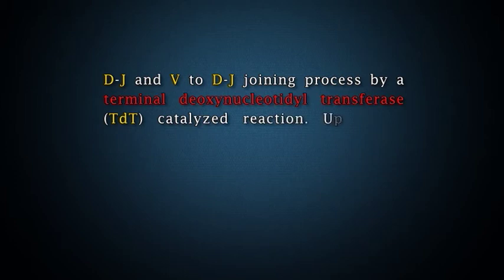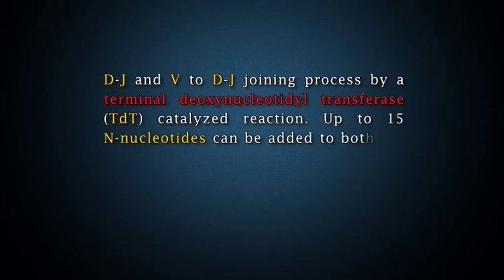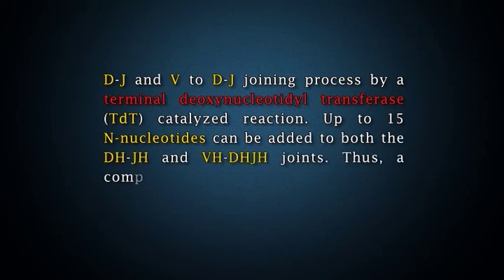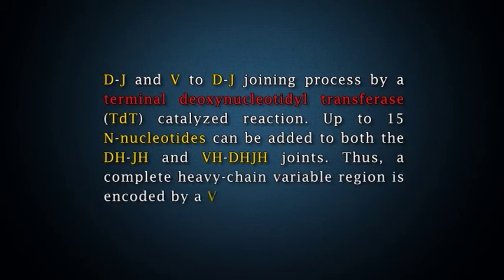Up to 15 N-nucleotides can be added to both the DH-JH and VH-DH-JH joins. Thus, a complete heavy chain variable region is encoded by a VH-N-DH-N-JH unit.